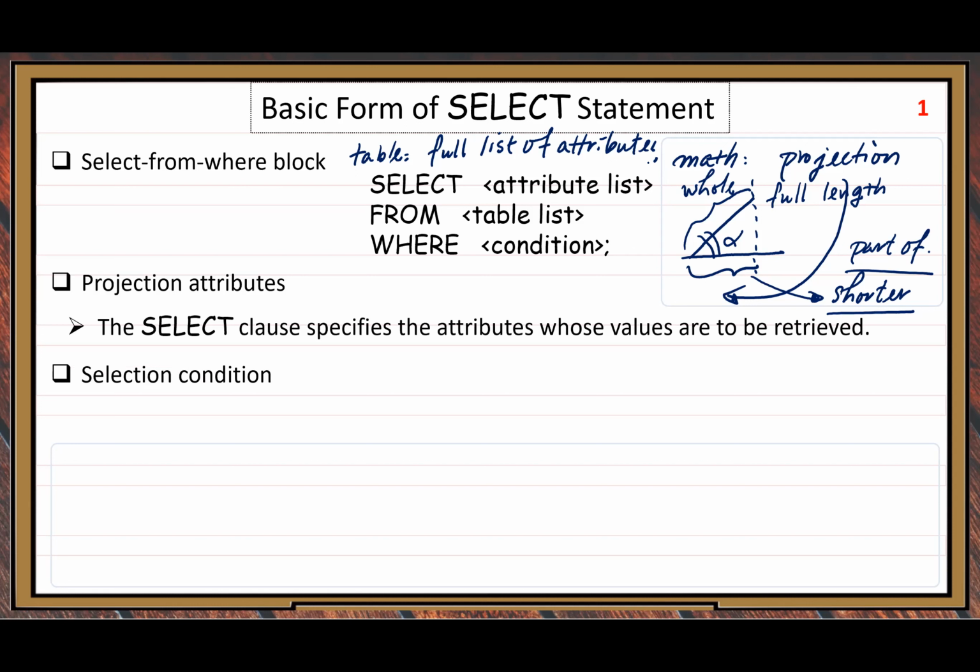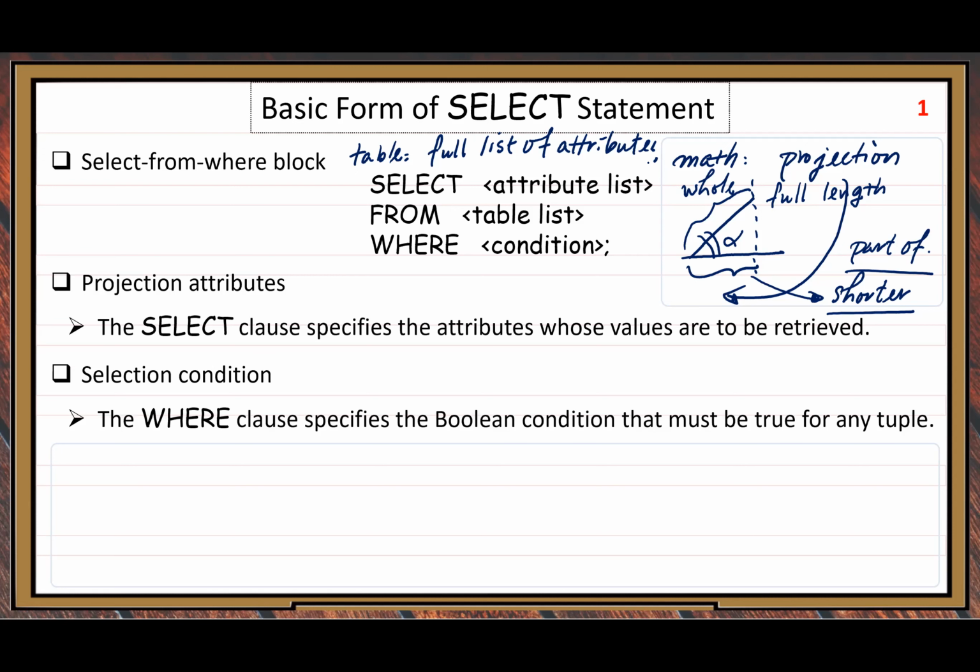Then the selection condition. In the where clause, we need to specify the selection condition. The where clause specifies a Boolean condition. I mentioned a little bit before that in SQL, the Boolean needs to be slightly different. Why?